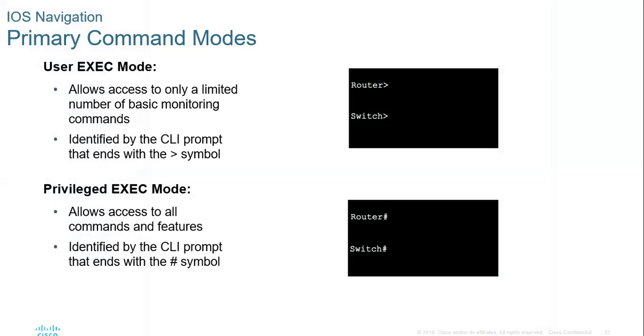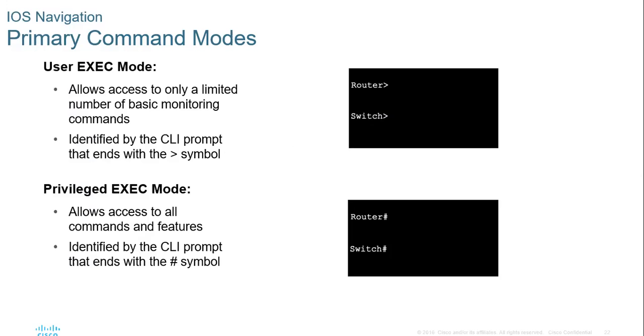User execution mode allows access to only a limited number of basic monitoring commands, like on a router or switch. The prompt is the router followed by the greater than symbol, and the switch followed by the greater than symbol.